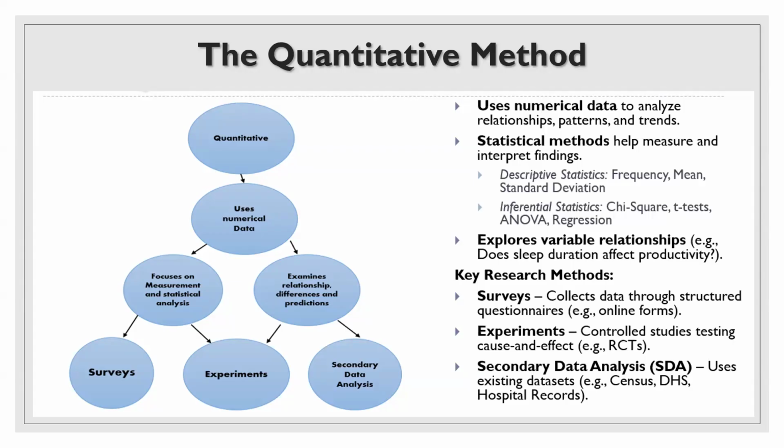So, key research methods here, which we'll talk more about in detail as we progress. To collect your data, you normally use the survey process. You can use a questionnaire, Kobo Connect, Qualtrics, SurveyMonkey, Google Form, different online forms.